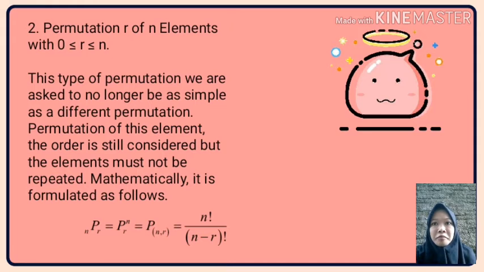This type of permutation is no longer as simple as permutation of different elements. In this permutation, the order is still considered, but the elements must not be repeated. Mathematically, it is formulated as follows. Permutation r of n elements equals n factorial divided by (n minus r) factorial.